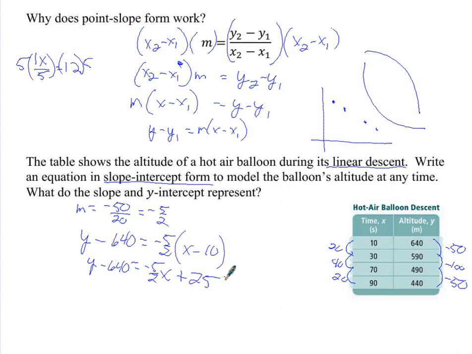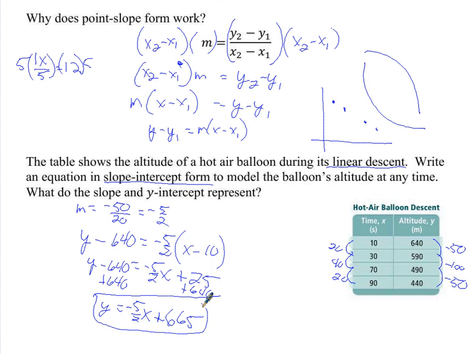And one more move, and I'm in slope-intercept form. Add the 640 to both sides. And I get y equals negative 5 halves x plus, can we do that one in our heads? 665. Okay, so it's in slope-intercept form. That's my answer. Then it says, what do the slope and y-intercept represent?